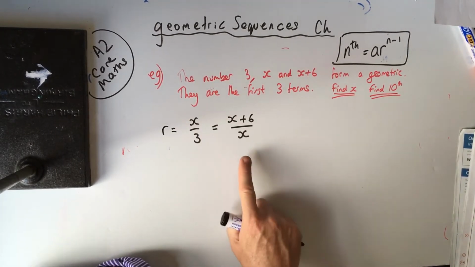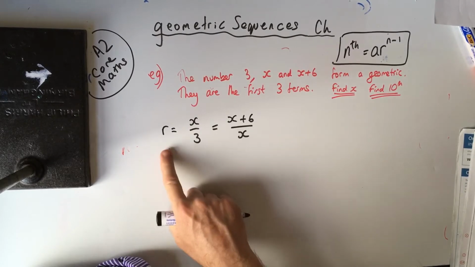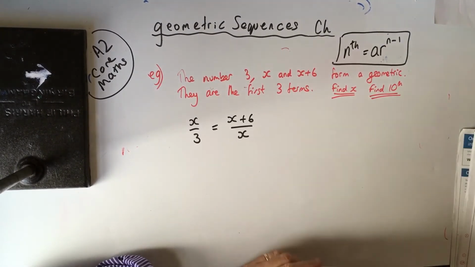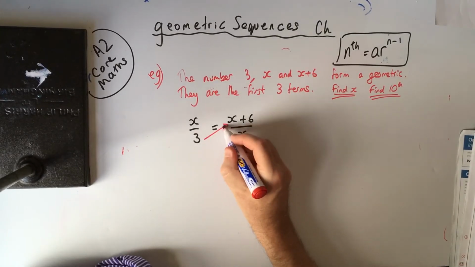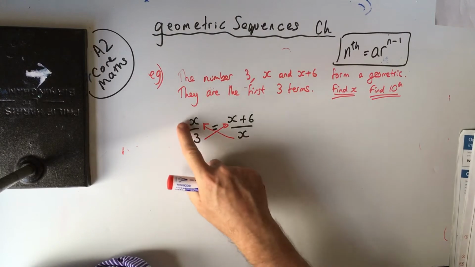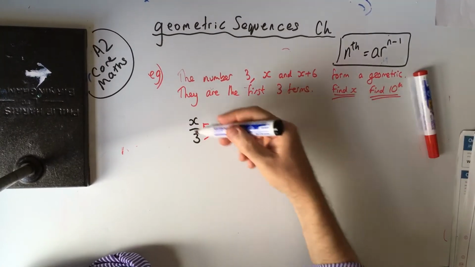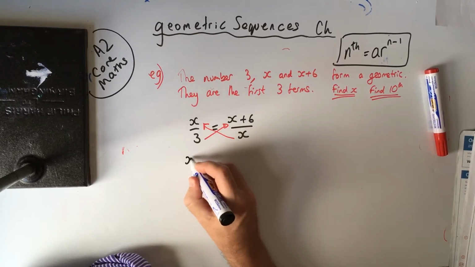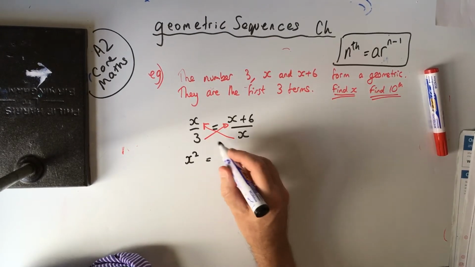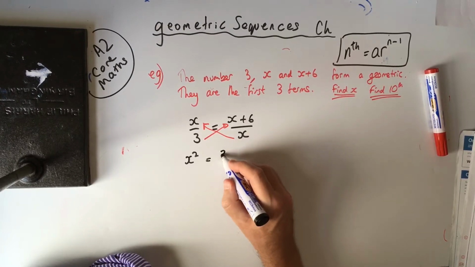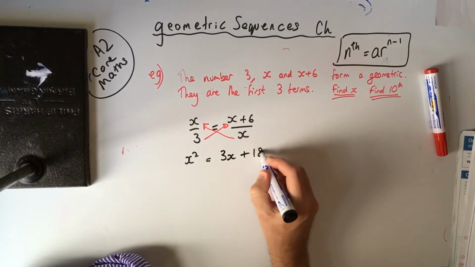Okay, so let's solve that. Let's get rid of our r, and all I'm going to do is good maths. I'm going to move that 3 up there and that x up there, so it goes from being a divide to a times. So times both sides by x and times both sides by 3, and that gives me x squared is equal to 3 times all of that. I'm not going to put it into brackets, I'm going to multiply it straight out, so 3x plus 18.